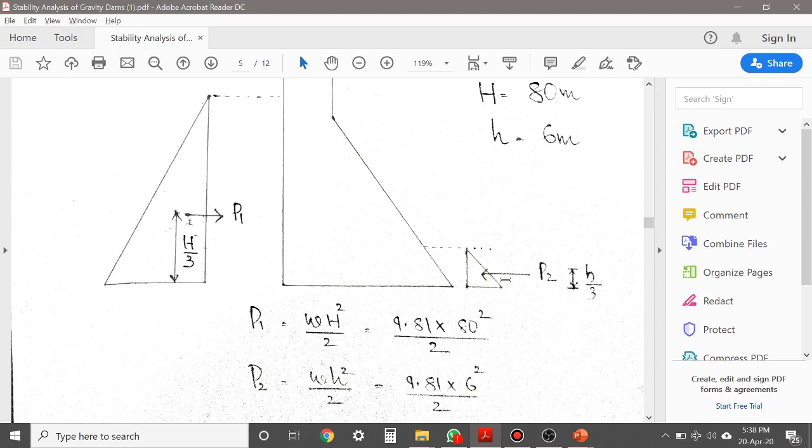Similarly, at downstream also the water pressure will be acting at a height of small h divided by 3. So you know P1 and this is the perpendicular distance to toe, that is capital H by 3, and while calculating P2, this is your lever arm distance to toe, that is small h by 3.